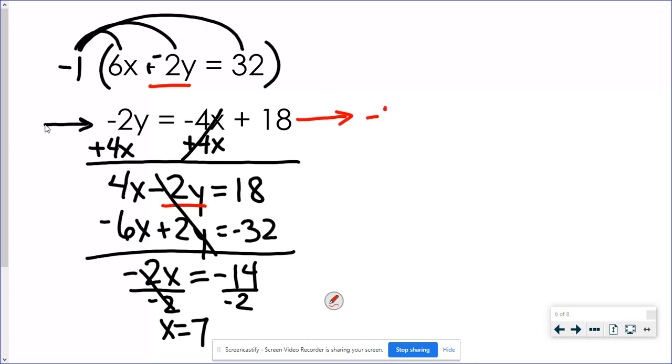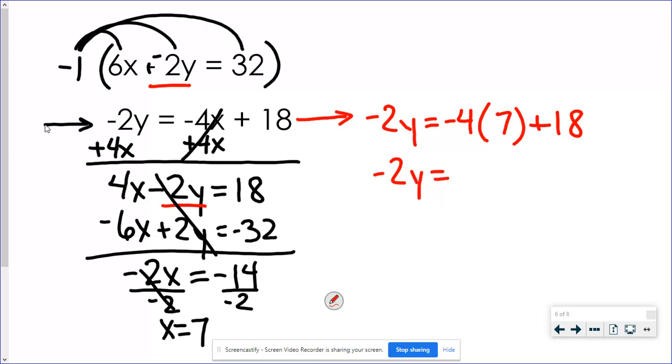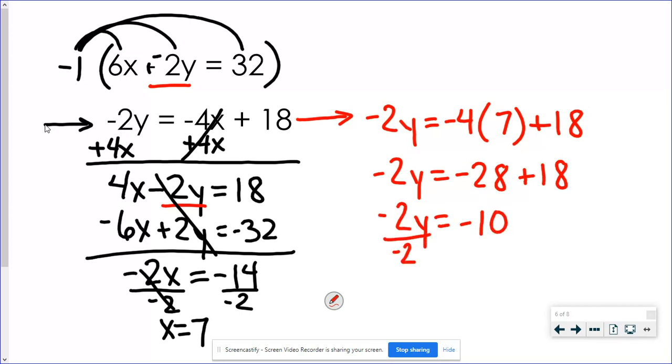So I've got -2y equals -4 times the x was 7 plus 18. That's a -28 plus a positive 18 gives me a -10. So I get that y equals 5. So my ordered pair is going to be 7, 5.